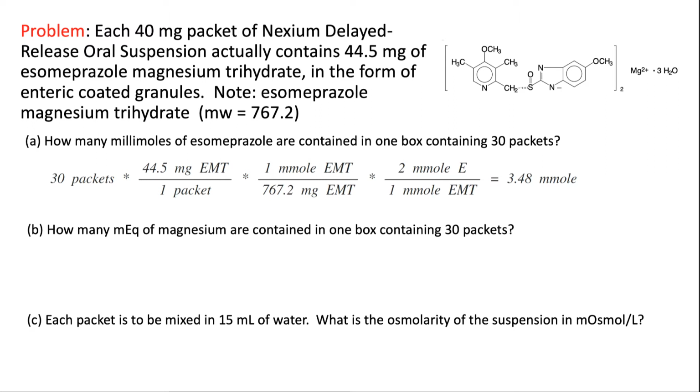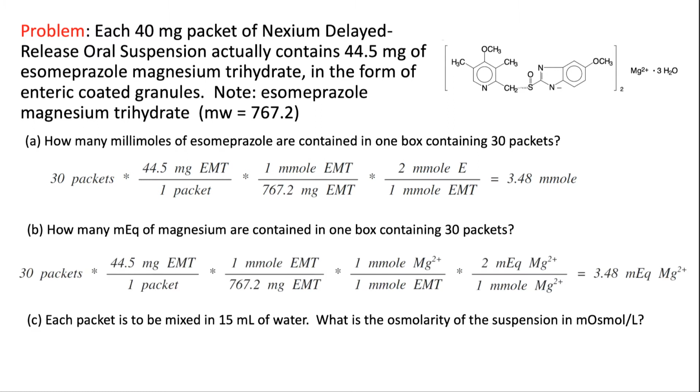Moving on to letter B, it says, how many milliequivalents of magnesium are contained in one box containing 30 packets? Where we just answered millimoles for esomeprazole, now we want milliequivalents of magnesium. Let's start in the same place, namely the 30 packets. We take the 30 packets times the weight of our EMT per packet, 44.5 milligrams, and convert that to millimoles of EMT by dividing by the molecular weight of 767.2 milligrams.